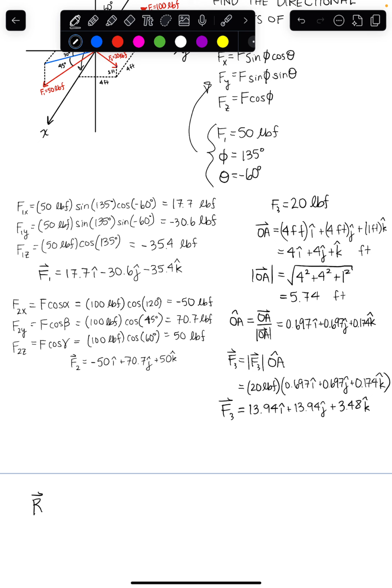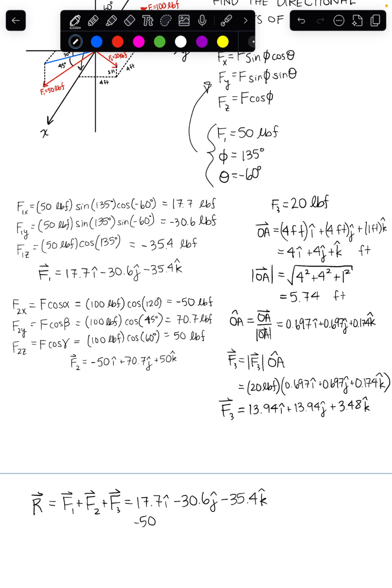The resultant is going to be equal to, resultant just means sum. So we're going to sum F1, F2, F3. And now that I've written them in this ijk form, this is going to be really easy. So I've got 17.7 i hat minus 30.6 j hat minus 35.4 k hat. That's F1. And I want to add F2.